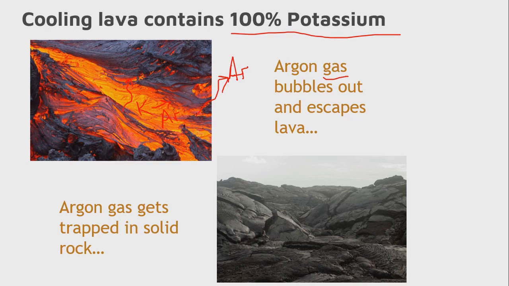But as soon as it turns into this rock down here, the argon can no longer escape because it's trapped in the solid rock. And so the instant that the rock cools down, the argon gas begins building up in it.